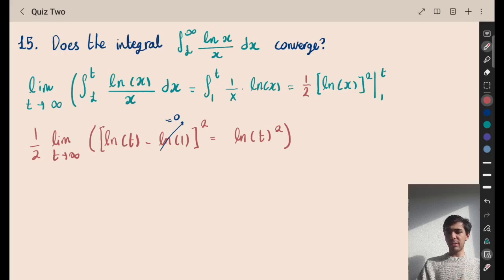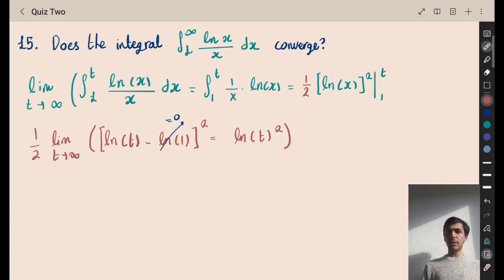Now ln is an increasing function. And if ln of t is an increasing function, then ln of t squared better be an increasing function as well, because it's a composition of another increasing function, which is x squared. ln and then x squared, both, you get ln of x squared.